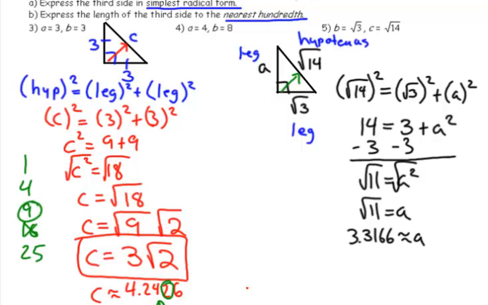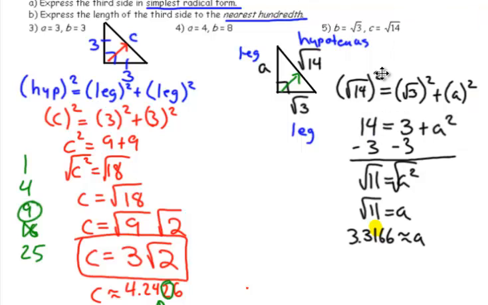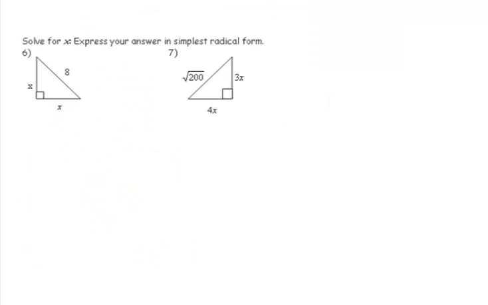Now again, where are we looking to round it to? The hundredth one right there. So we look to the right of it. What do we find? A number 5 or greater. So we're going to round up. 3.32 is approximately A. And that's rounding to the nearest hundredth. All right.